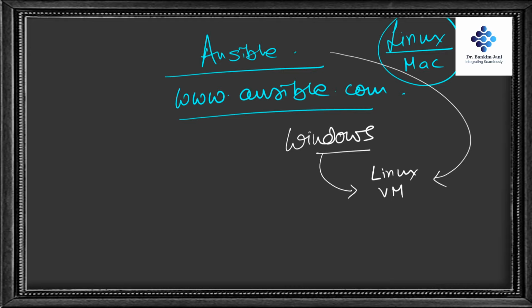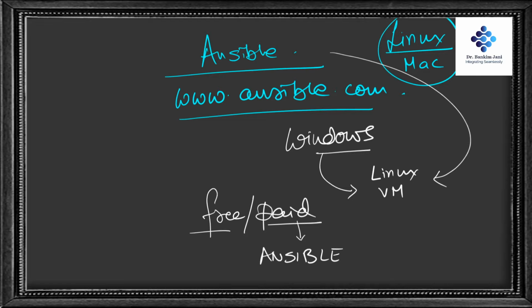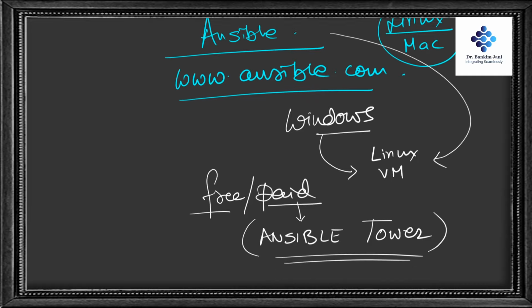And there is a free version and there is a paid version. Now that paid version is like a flagship product of Ansible. It's called the Ansible Tower. This is the server version.